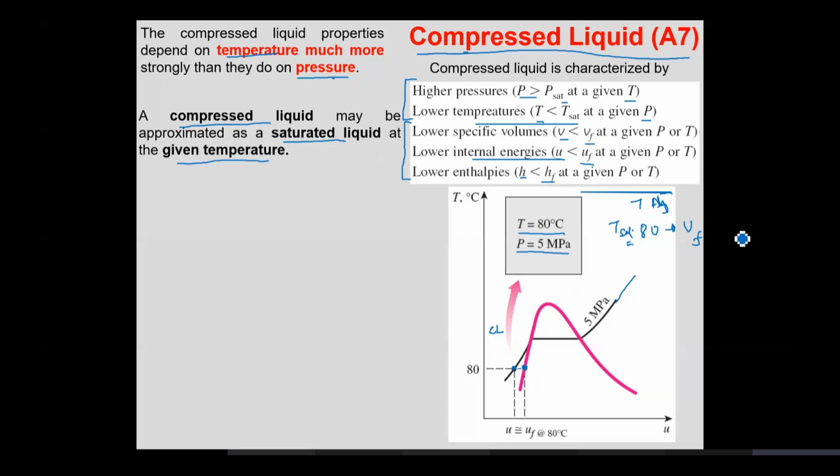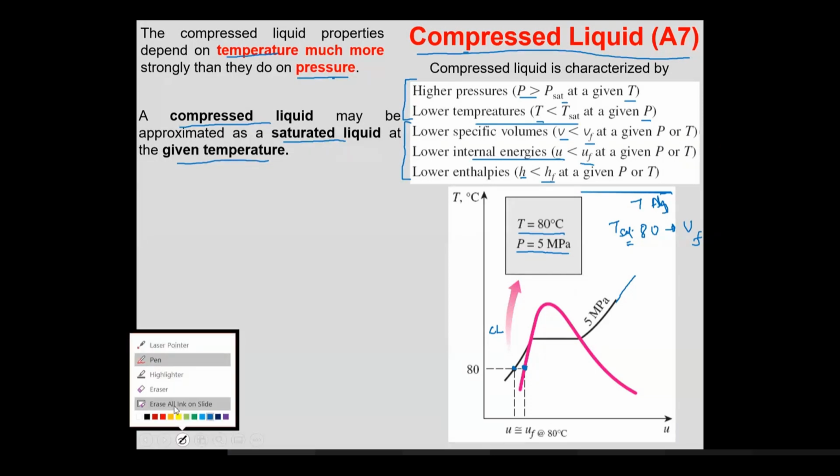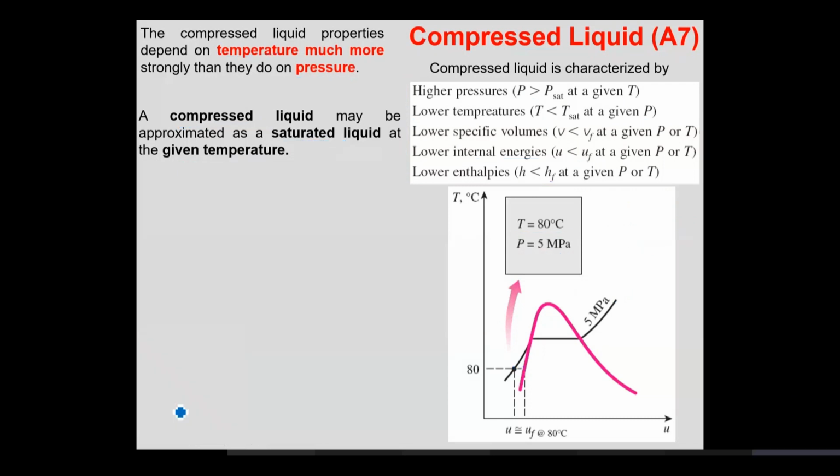Yes, sir. All right. So all the properties, whether it is specific volume, internal energy, or enthalpy, for compressed liquid can be expressed as the saturated liquid value at the given temperature, disregarding the pressure.